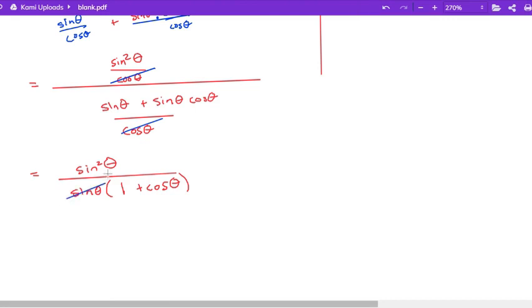I can cancel out this sine and the squared. So I'm left with sine theta over 1 plus cos theta. That's kind of as simple as I can get. There are no exponents, so I can't use the Pythagorean identity here. So at this point, let's move to the right side and see if we can make it look identical.